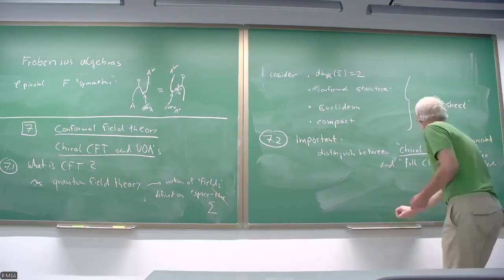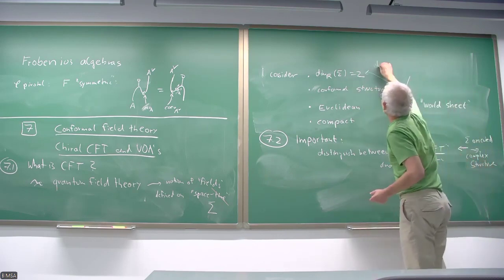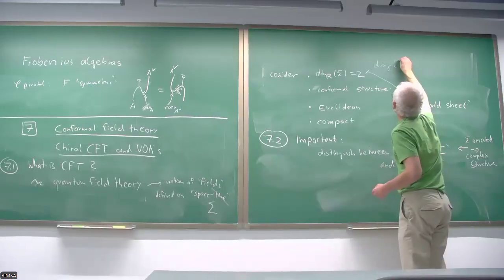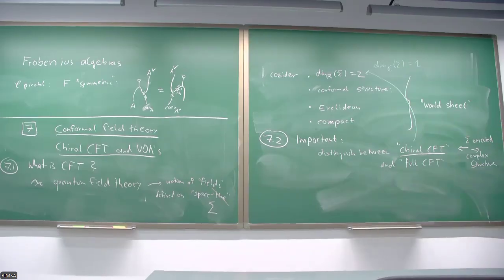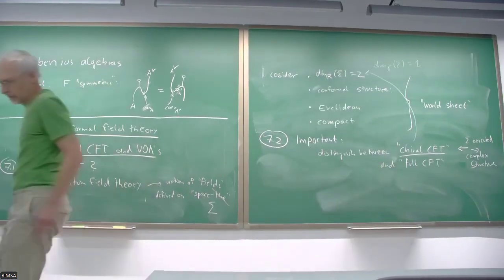So for the purposes of chiral conformal field theory, I can write this also as a complex manifold of dimension 1, or also say a complex curve.